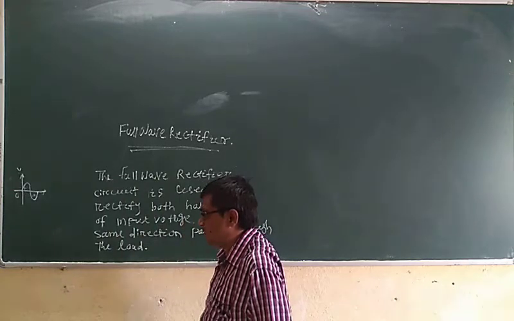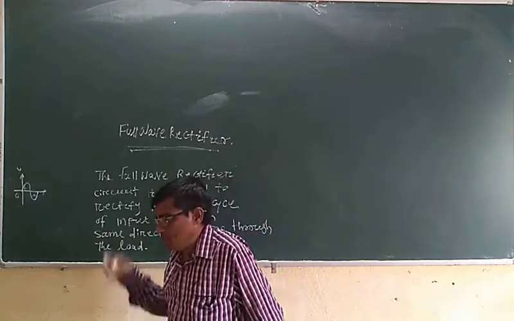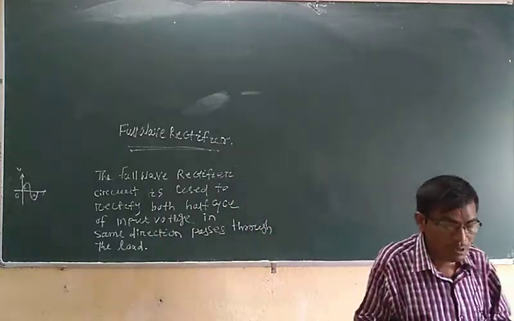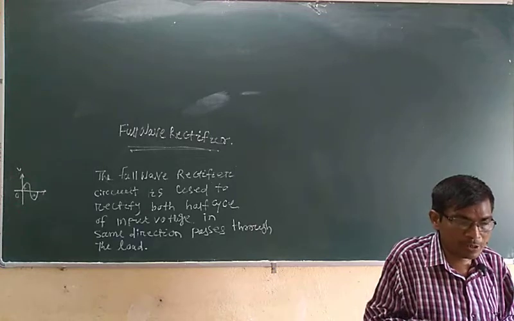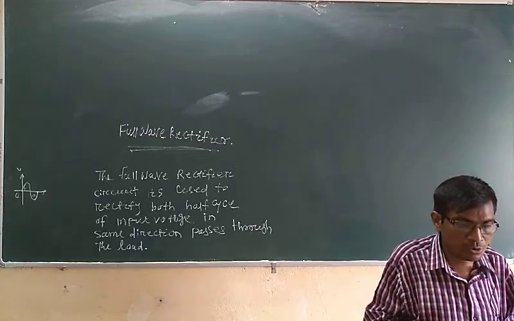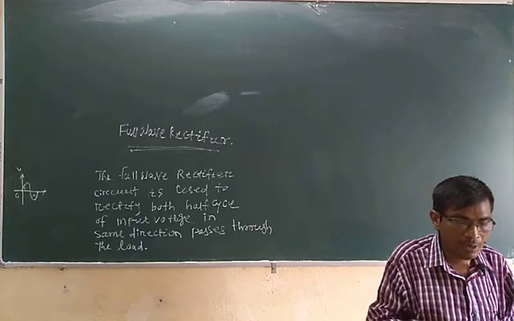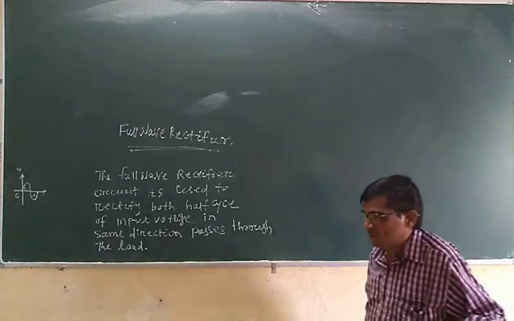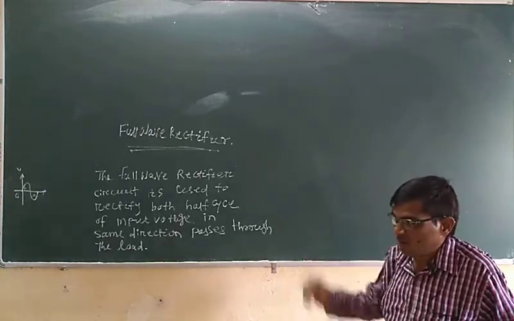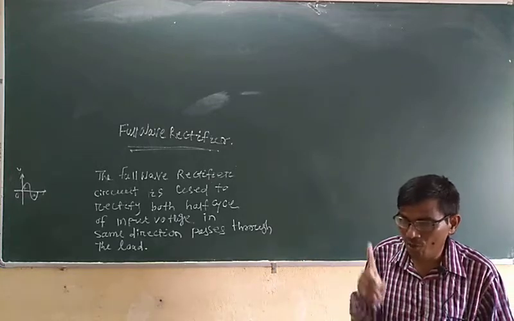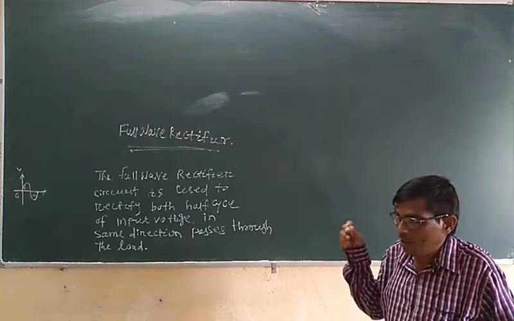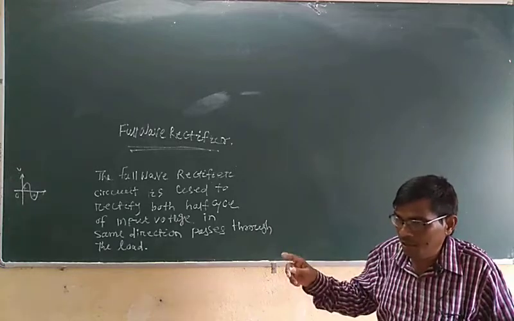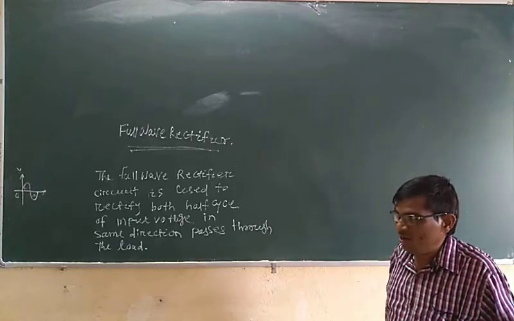In the half wave rectifier, as we also discussed in the previous class, the circuit is used to rectify only the positive half cycle, because only one diode is connected in the rectifier circuit.